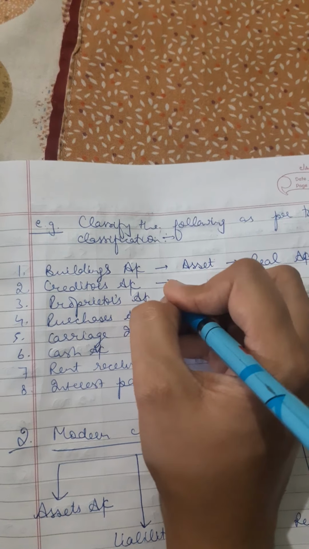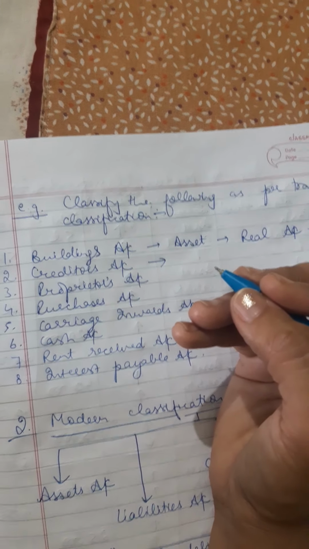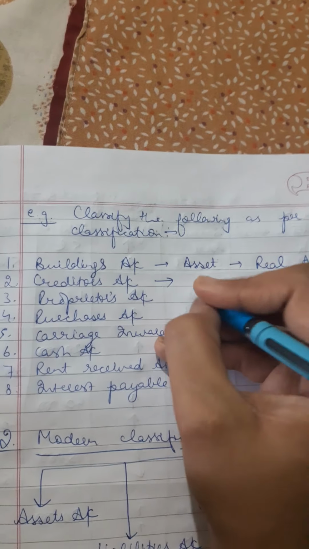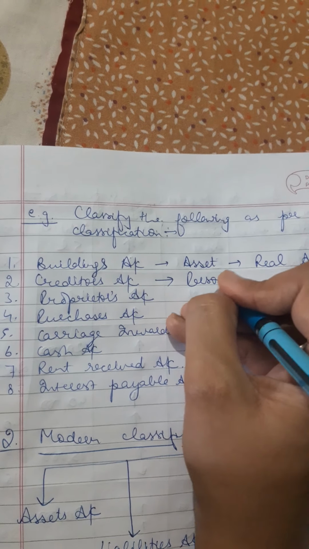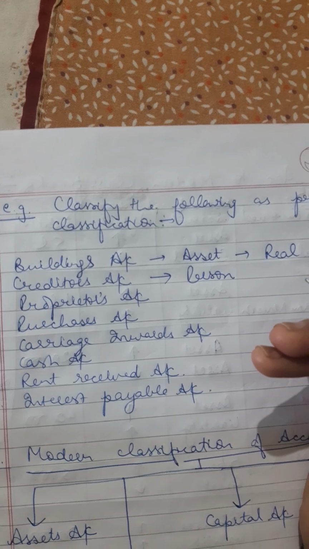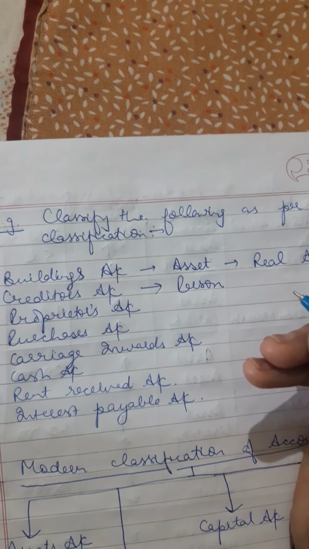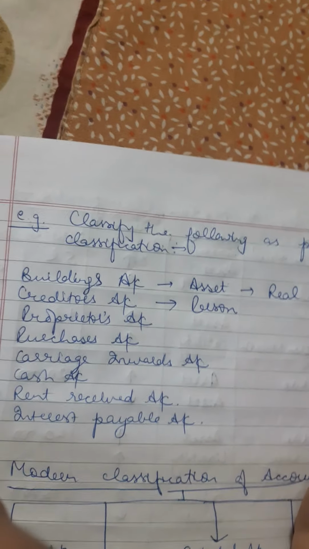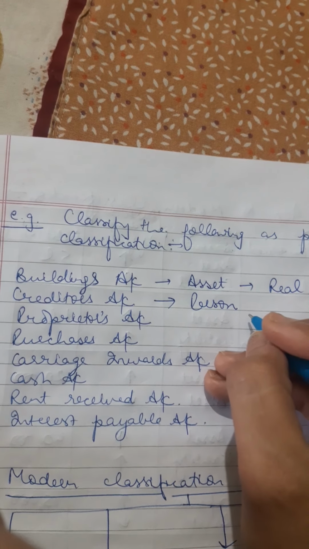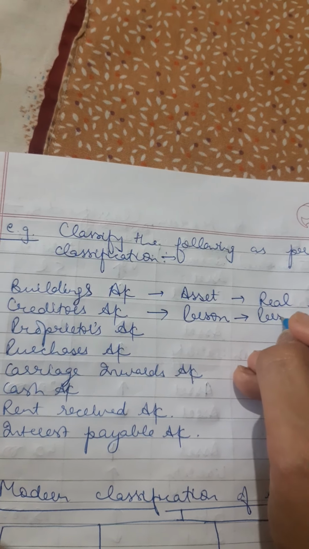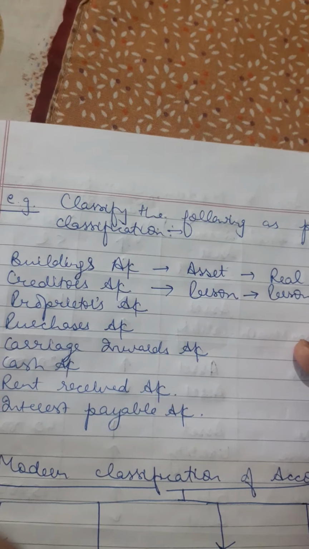Next, creditors. Creditor means supplier to whom we owe the money. Means he is a person or institution. For example, you have taken a loan. So, in case of loan from any financial company, then that will become artificial person. So, creditor means person means personal account.